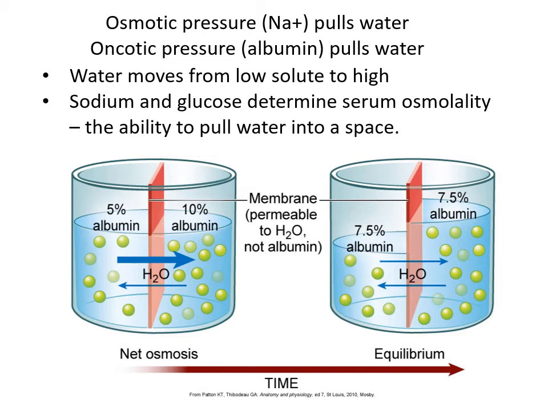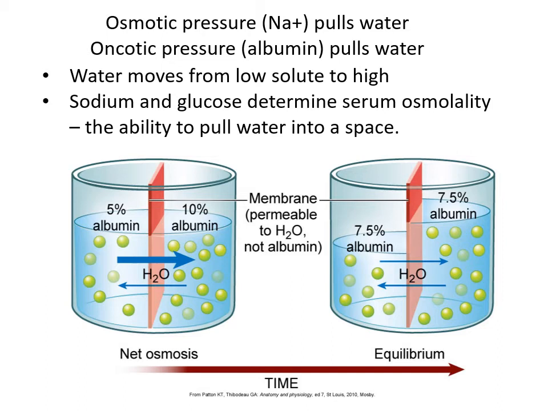Okay, so let's look at the two cylinders at the bottom there. So we have a cylinder on the left which has a higher concentration of albumin on one side of a membrane that only allows water to go across it. So the water is definitely going to go from left to right because there's more solutes or there's more albumin on the right side. Let's look at the second cylinder.